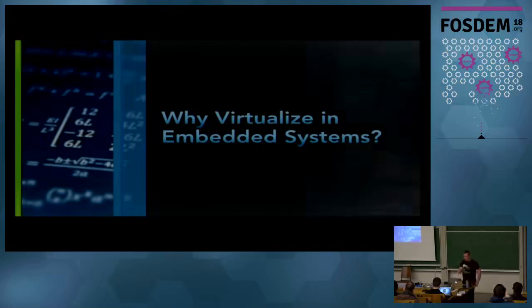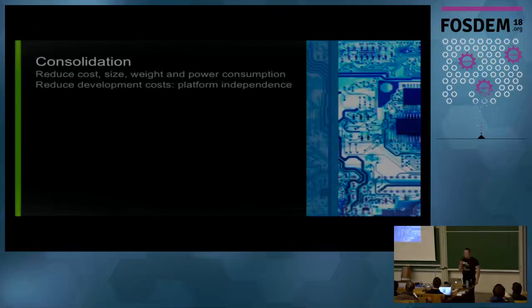To a large degree, it's quite similar to server virtualization. It's to one degree about consolidation, which primarily is about cost, size, weight, and interestingly, in some cases, also about heat in an embedded context too.